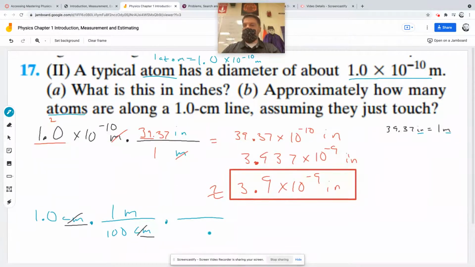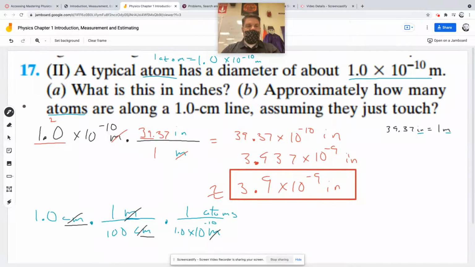Do I put atoms or meters on the bottom? What do I have up here? Meters. So I got to put meters here. And so that means the atoms go on the top. So 1.0 times 10 to the negative 10 meters is equal to 1 atom. Now, I did that on purpose because meters divided by meters is 1, so they cancel out.